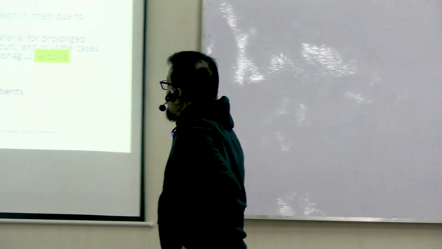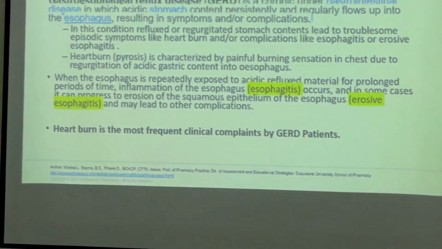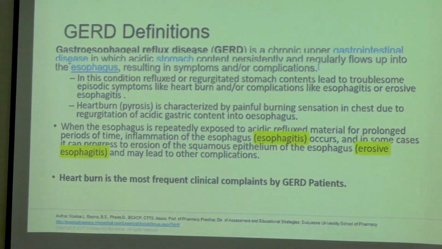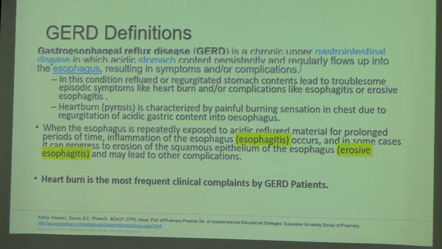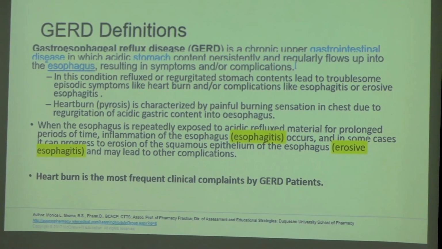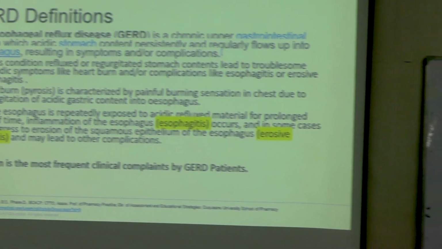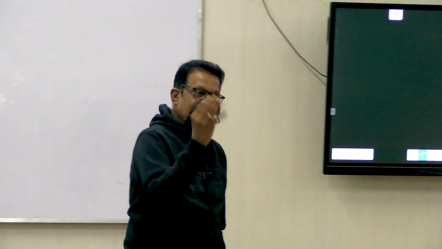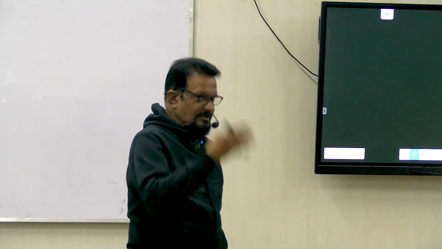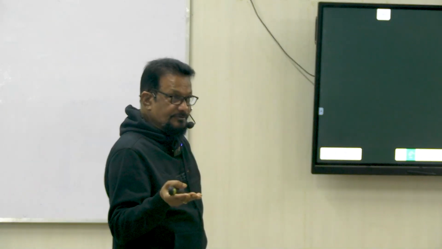So when the esophagus is repeatedly exposed to acidic reflux material for a prolonged period of time, inflammation of the esophagus may occur. Every time these acidic contents come into the esophagus, there may be irritation of the inner lining, the mucosa, that is called esophagitis.